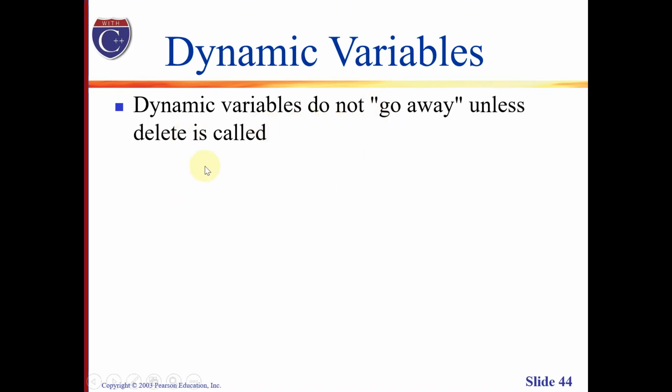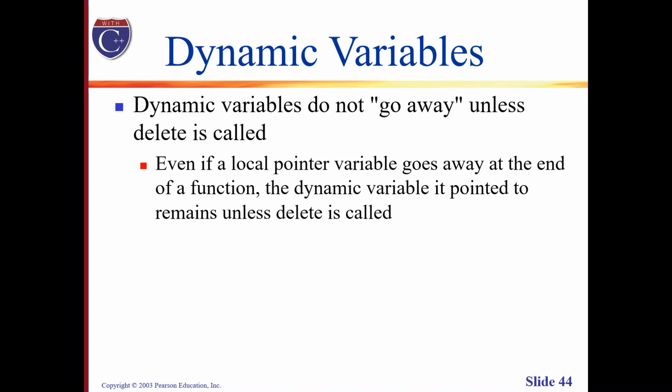Of course, as we've mentioned a while ago, dynamic variables will not go away unless delete is called, hence freeing up the memory that has been previously occupied by your variables. Even if a local pointer variable goes away at the end of a function, the dynamic variable it pointed to remains unless delete is called.